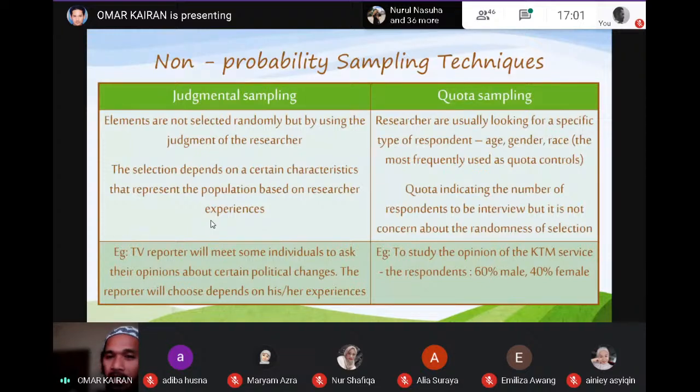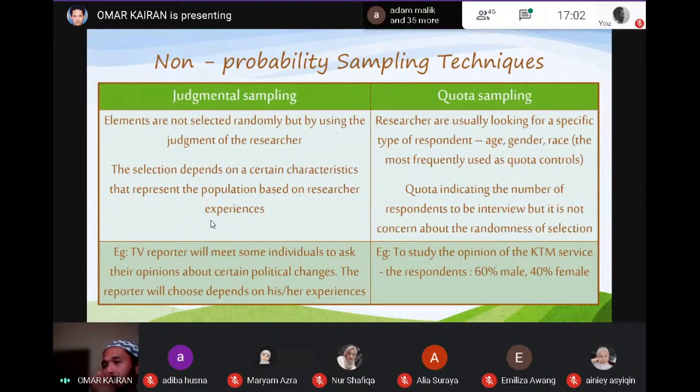So we have judgmental sampling, quota sampling, convenience sampling, and snowball sampling. So what is judgmental sampling? In this technique, elements are not selected randomly but by using the judgment of the researcher. As researchers, we judge that this person is appropriate to be our respondent, for example.